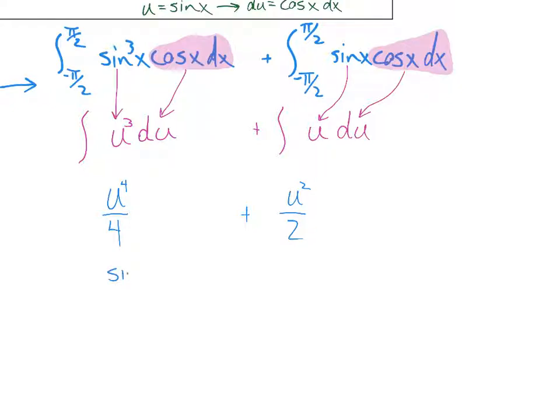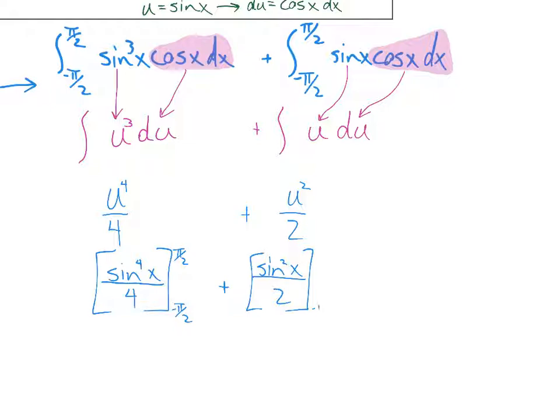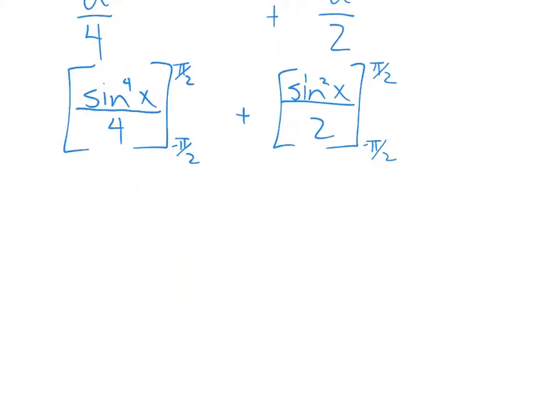So it's sine to the fourth of x over 4, evaluated from negative pi over 2 to pi over 2, plus sine squared of x over 2, evaluated from negative pi over 2 to pi over 2. We're trying not to use symmetry, because that's one of the things we're trying to illustrate works.